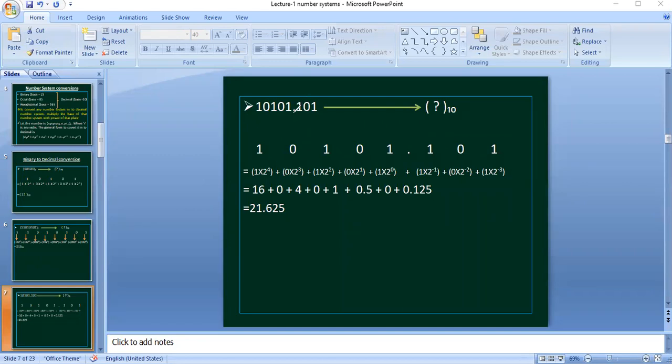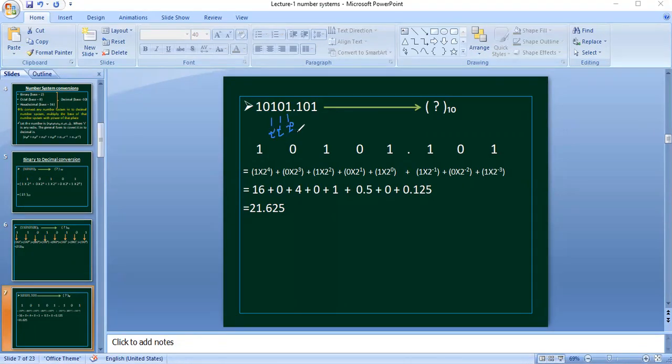So here I'm talking about the point before digits. For the digits before the point, what is the positional weight? This is a binary number, so the positional weight is 2 power 0. And what is the positional value here? 2 power 1. And here? 2 power 2.